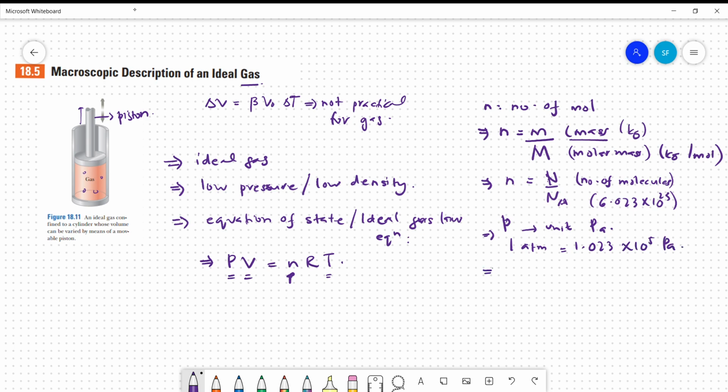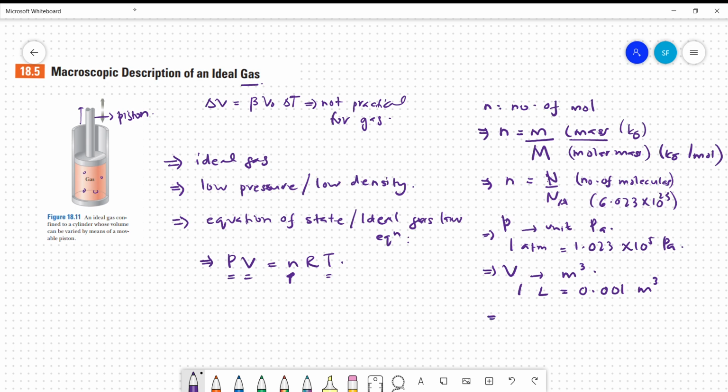As for the volume, it must be in meter cubic. Some questions give it in liter, so you must know that 1 liter equals 0.001 meter cubic. So if you drink 1 liter of water, it equals 0.001 meter cubic.